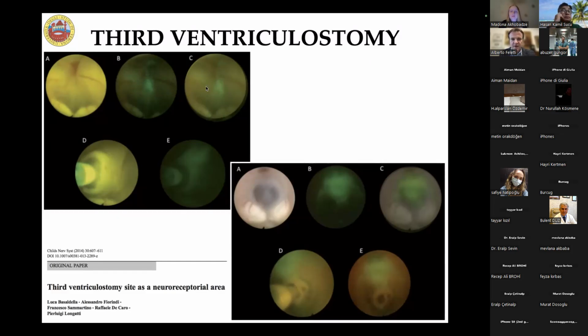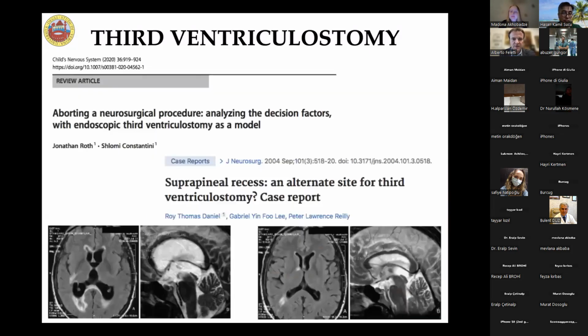So after detecting this area, we always try to avoid damaging it too much, and we place the stoma according to the position of the median eminence.